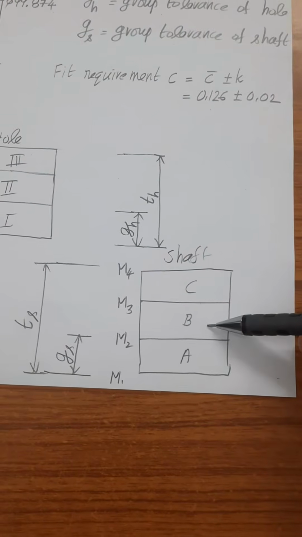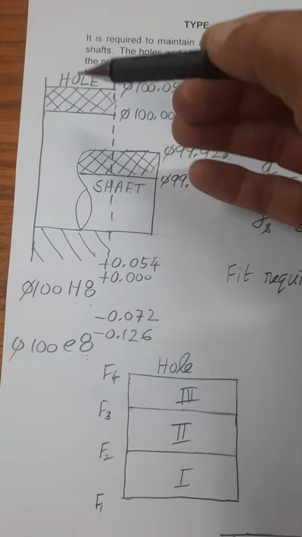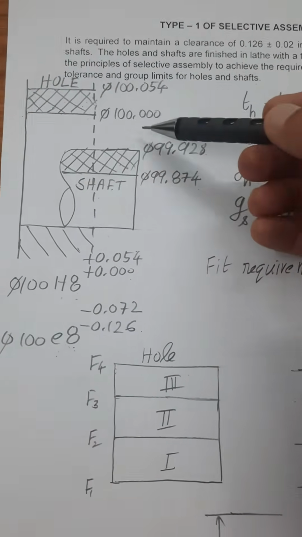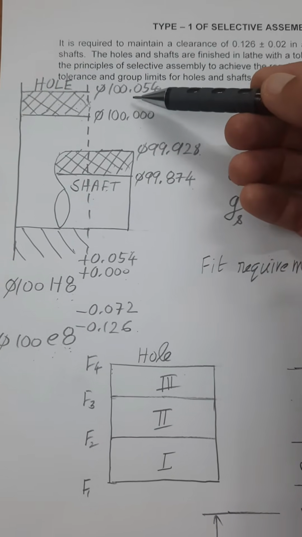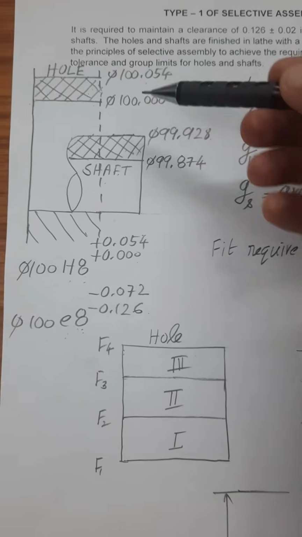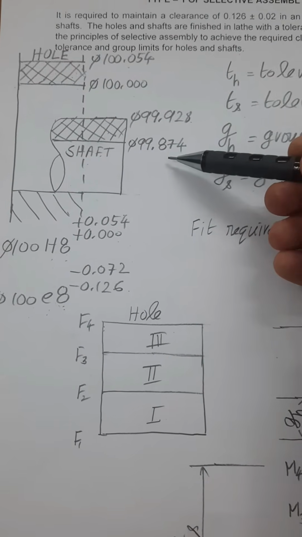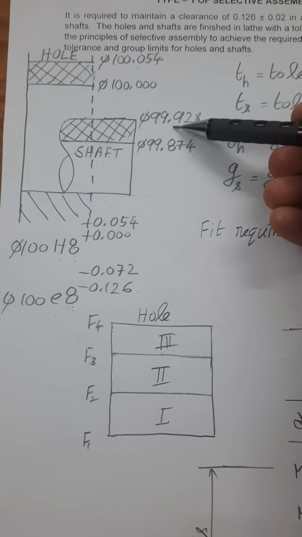Now these holes are to be manufactured with a lower limit of 100 and an upper limit of 100.054. Similarly, the shafts are to be manufactured with a lower limit of 99.874 and an upper limit of 99.928.